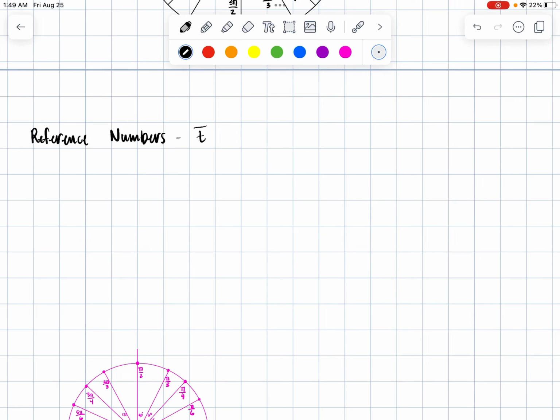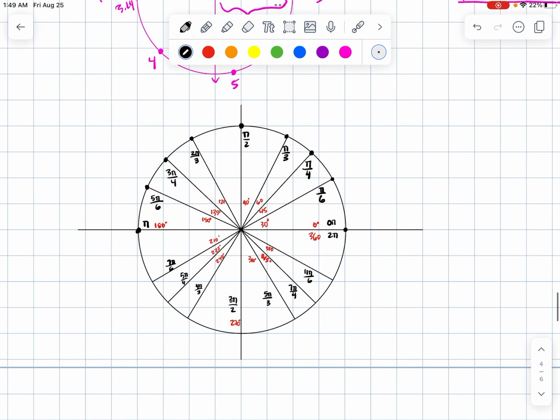If you remember, we had T-values. T-values is the last lesson we learned where we had all of these radian measures, pi over 6, pi over 4, pi over 3, pi over 2, 2 pi over 3, etc., all the way around the unit circle. We call these T-values.